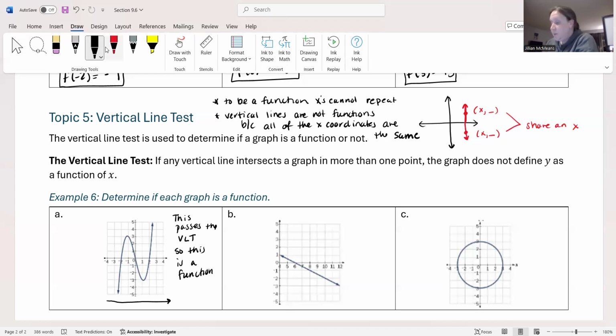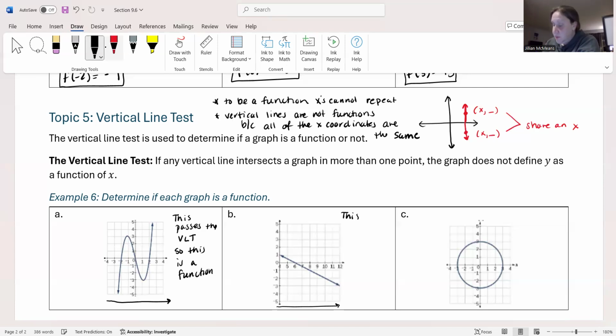Looking at part B, same thing. We have a line, and I've already said that vertical lines are not functions and all other lines are. But here you've got a graph. So again, take the side of a sheet of paper and sweep it across this graph from left to right. At no point is it going to touch this graph more than once.